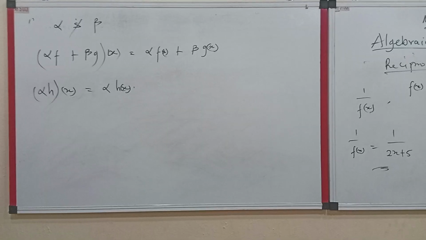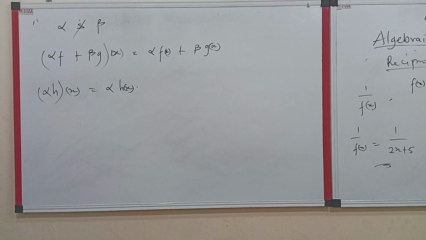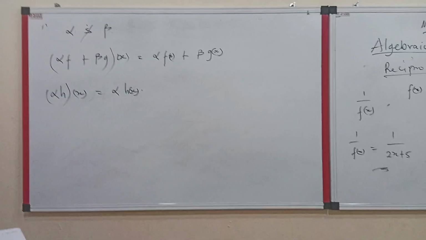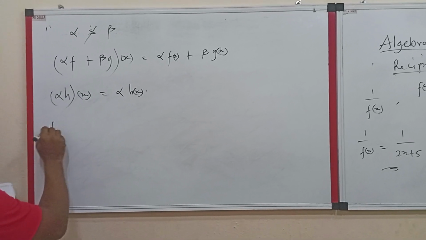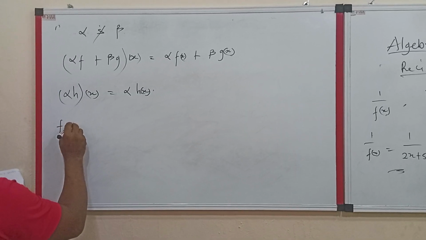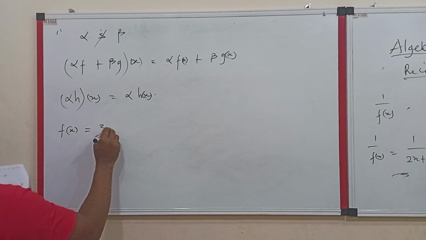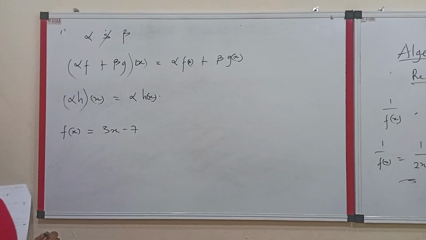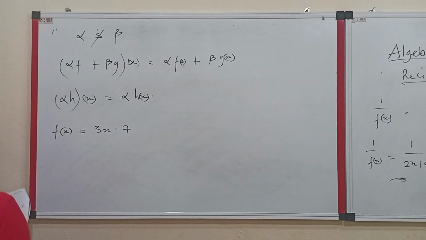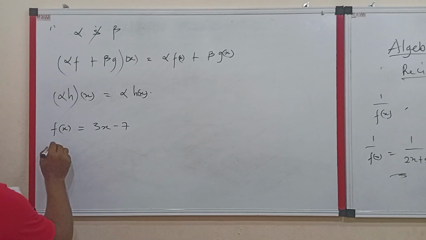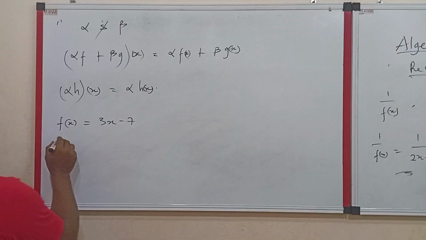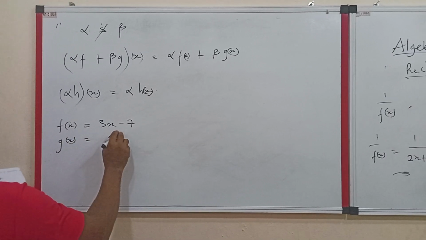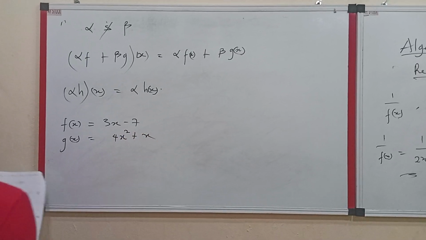Let's go into specifics and consider some terms to see how it will look. Let f of x be equal to 3x minus 7, and let g of x be 4x squared plus x.